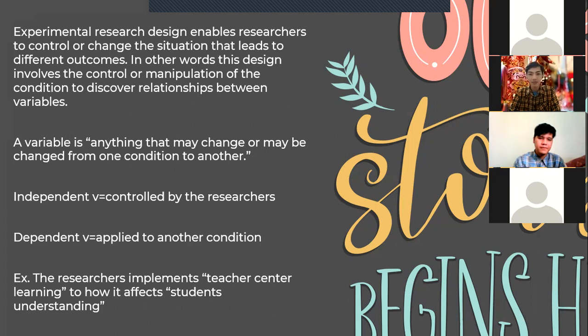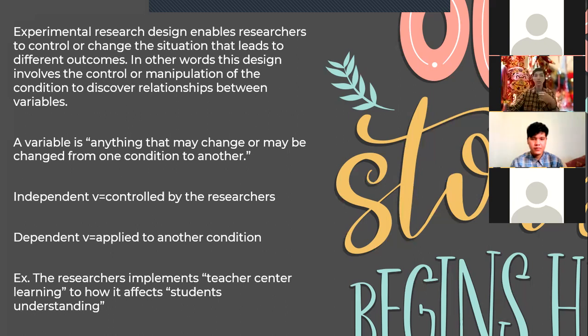A variable is anything that may change or may be changed from one condition to another. Independent variable means controlled by the researchers. Dependent variable applied to another condition. Example, the researchers implement teacher-centered learning to see how it affects.